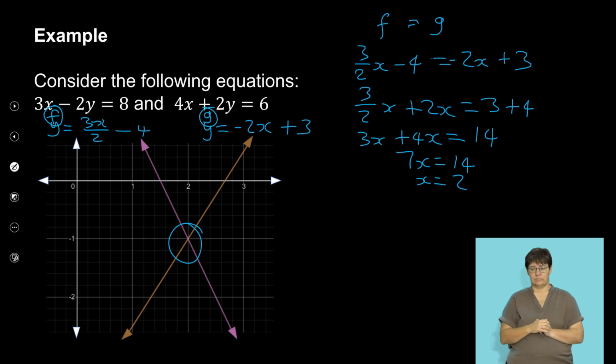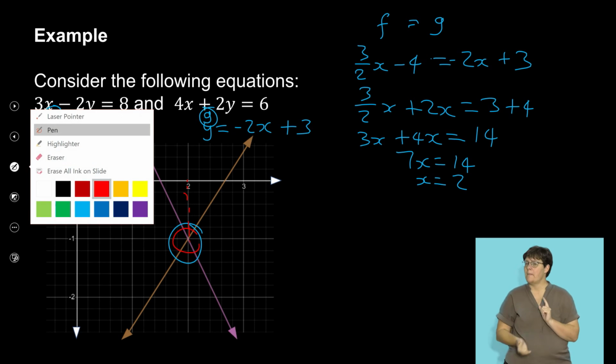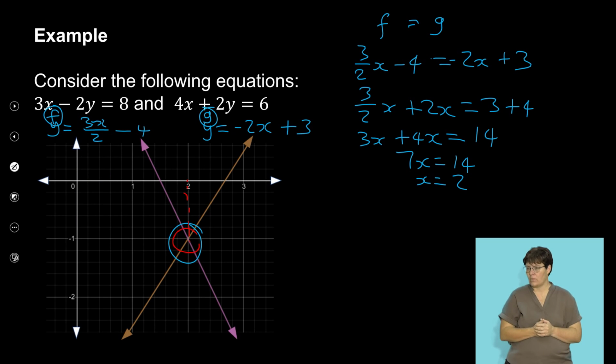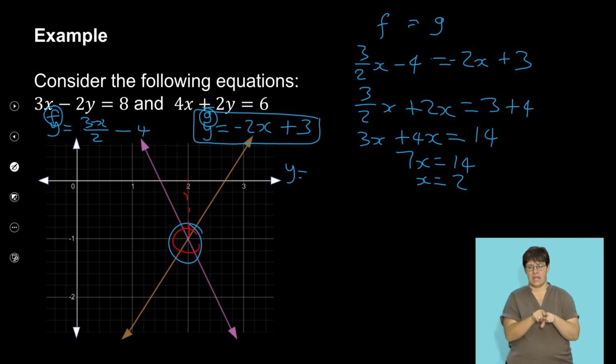Let's just go verify. We use a different color so you can see the point of intersection is actually at x equals 2. How did I get the y? You use any of the equations you want. So let's maybe take g because it's easier since it doesn't have a fraction. It will be y equals minus 2 times 2 plus 3.